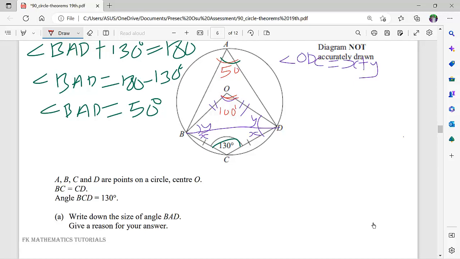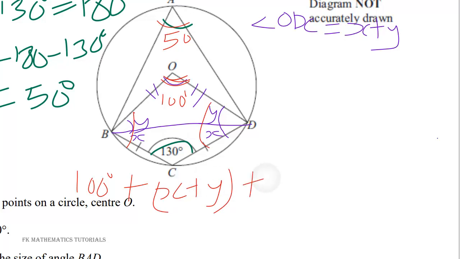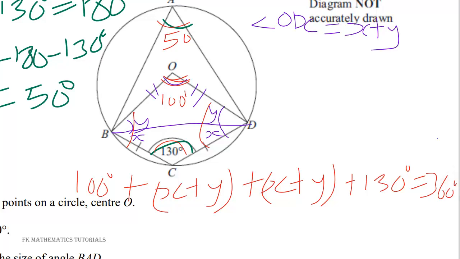So straight ahead, we can write equations. This angle here, 100 degrees, plus this angle here, which is x plus y, plus this angle here, which is another x plus y, plus this 130 degrees should be equal to 360 degrees.